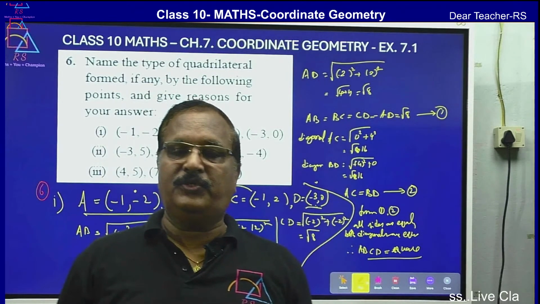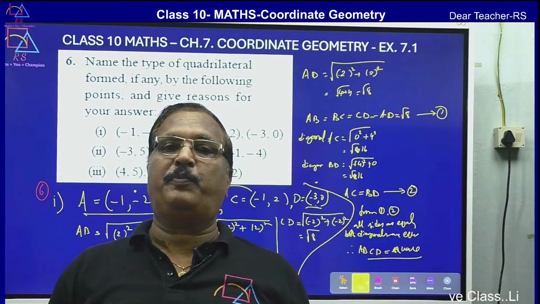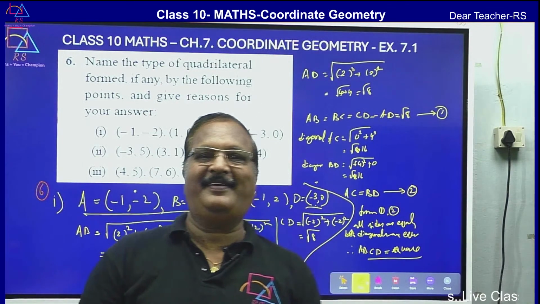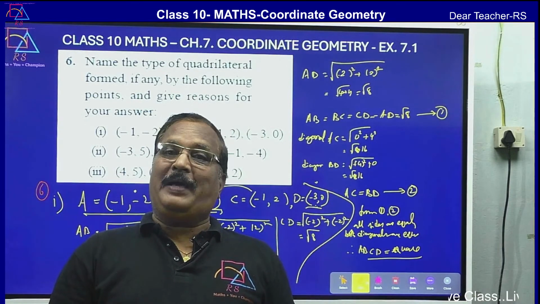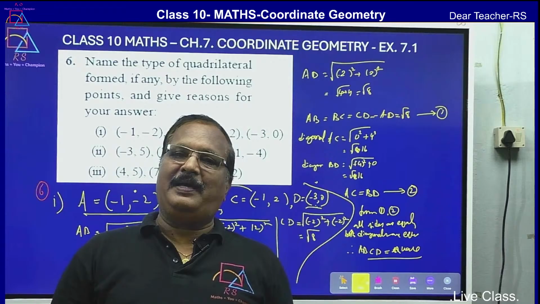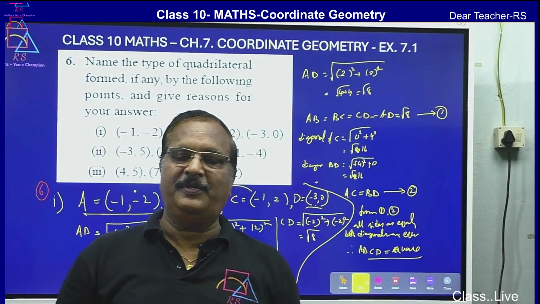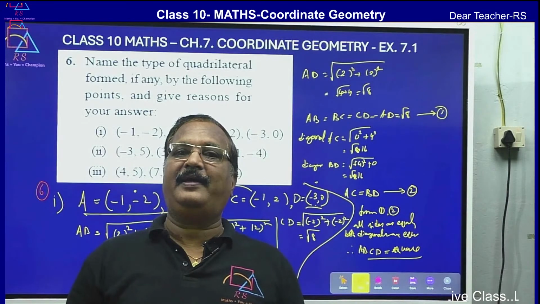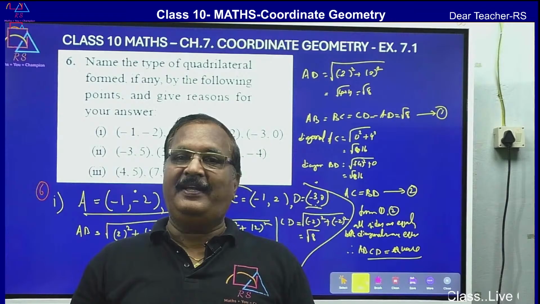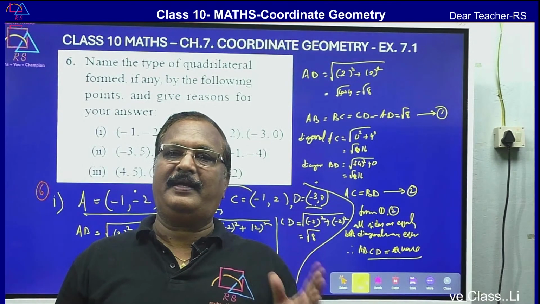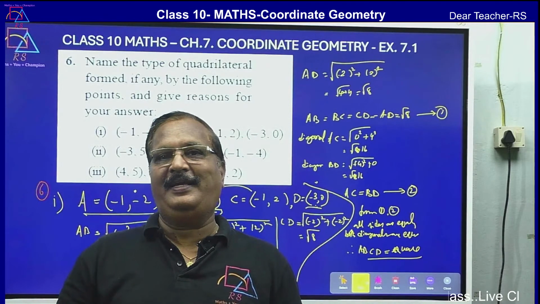So these three questions you can do only when you know the properties of the types of quadrilaterals. Sometimes it will be a parallelogram, and that parallelogram may become a rectangle also, because in a parallelogram and a rectangle, opposite sides are equal. The difference is, in a rectangle diagonals are equal, in a parallelogram diagonals are not equal.